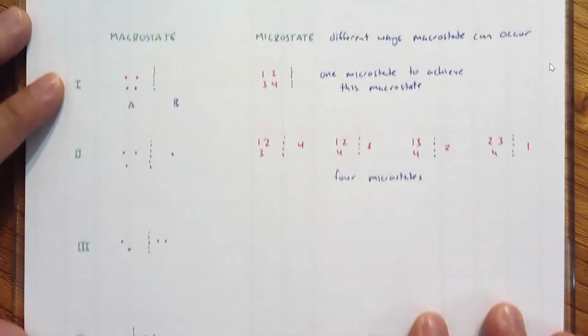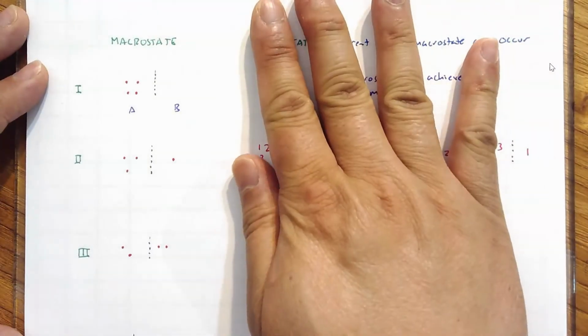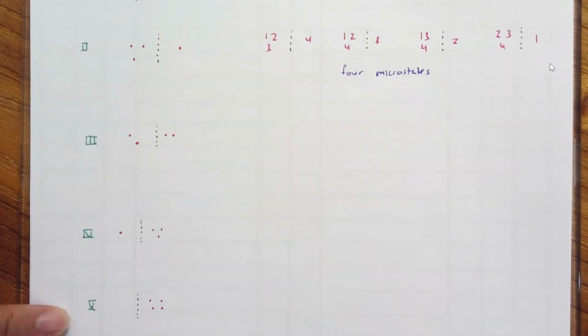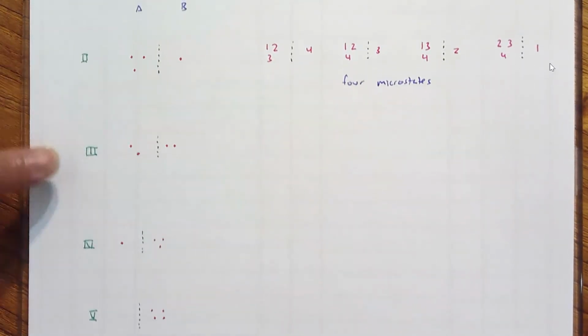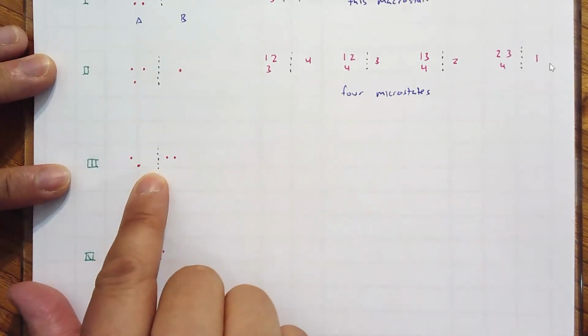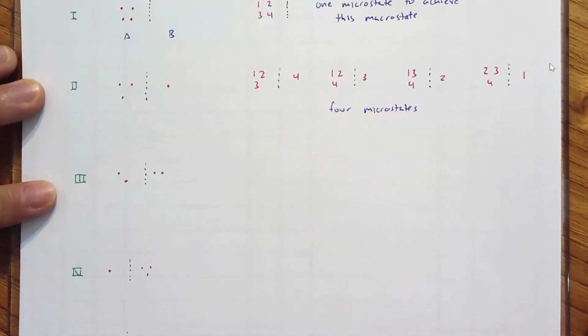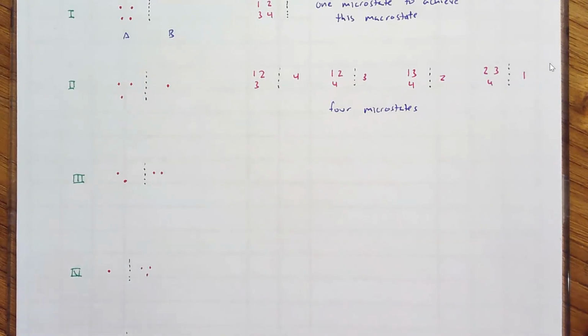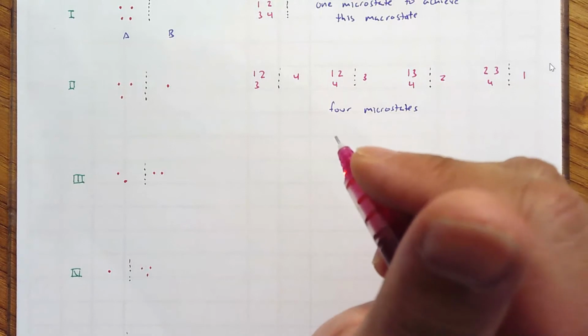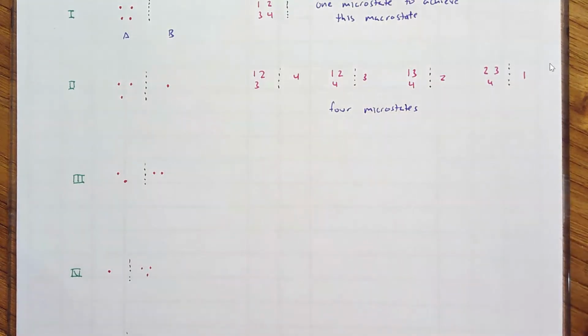If I had to ask intuitively, what would you say is the most spread out? 1, 2, 3, 4, or 5? I think most of you will say, well, they'll balance out, and probability-wise, it'll be 50-50. And you would be right. But let's see how many exactly microstates we get. Oh, there's going to be a lot.